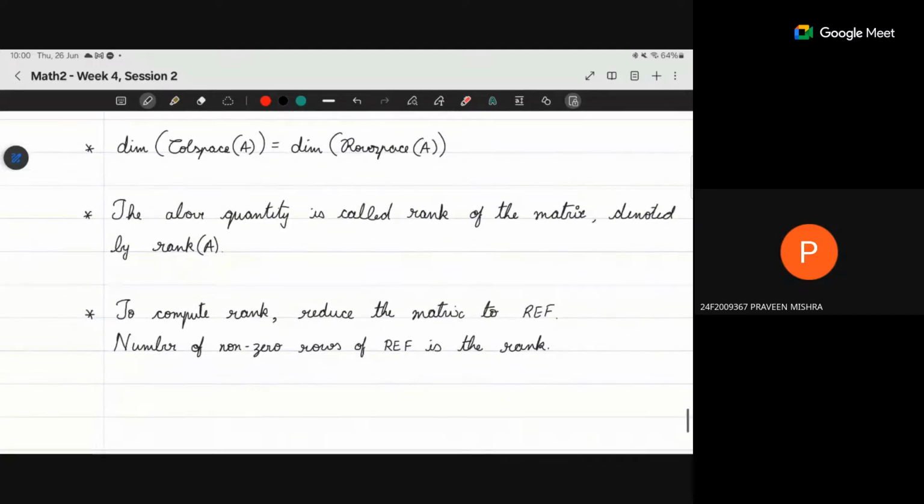So you bring it down to REF. In REF, it is easy to calculate the rank. Rank is precisely equal to the number of non-zero rows. Correct?